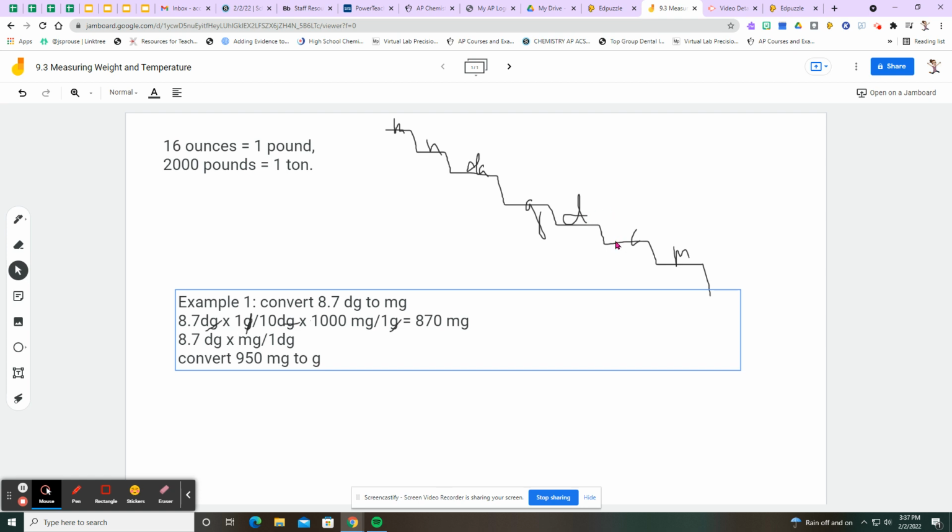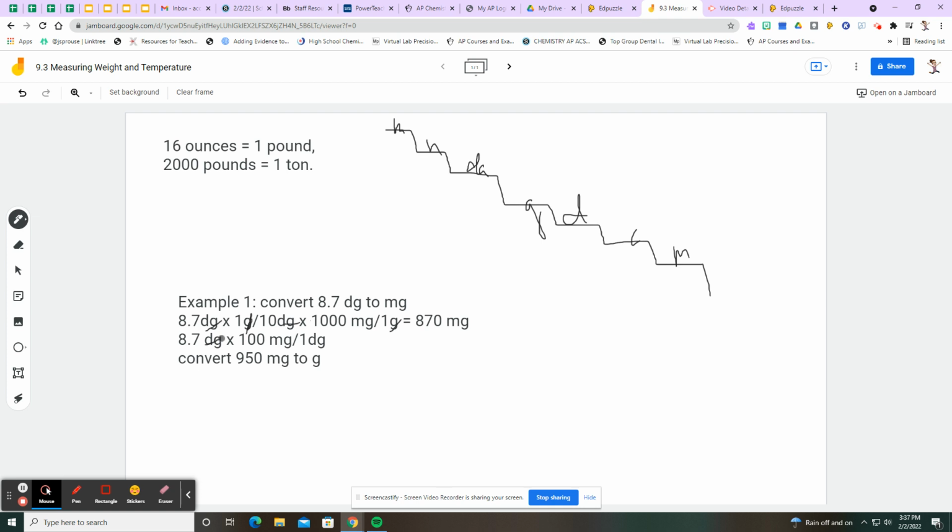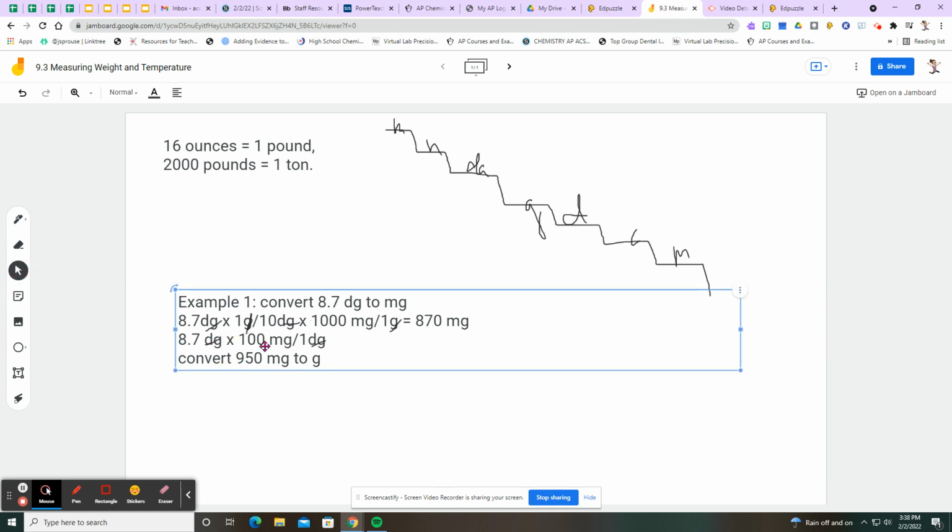Okay, so that's 10 and 100 because each step is a 10. So this will be 10 times 10, which is 100. So there's 100 milligrams in 1 decigram. So you can do it that way too, as long as you have that stair step memorized. If you don't, it gets a little confusing with what goes where or what number is where. And that comes out to be exactly the same.